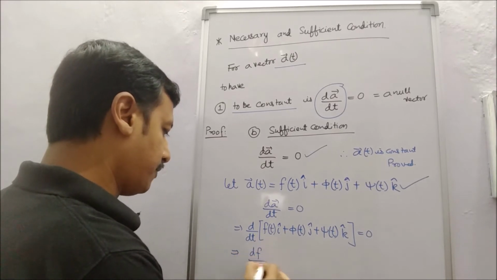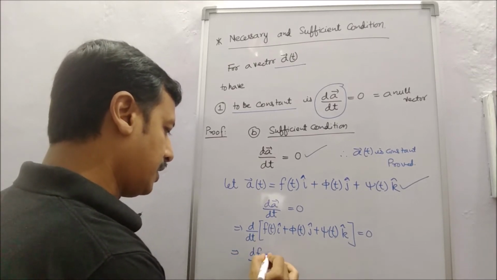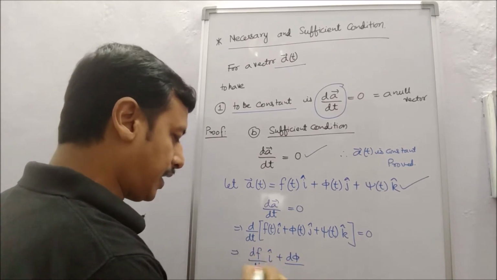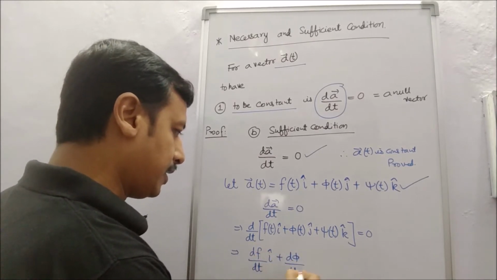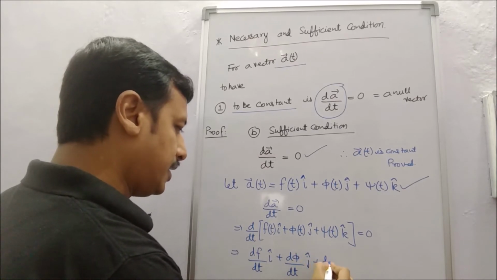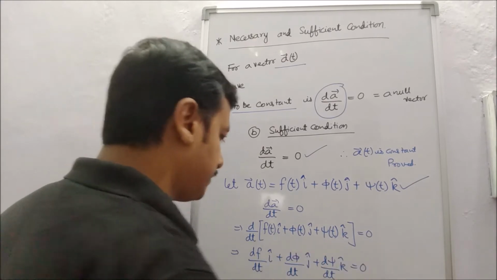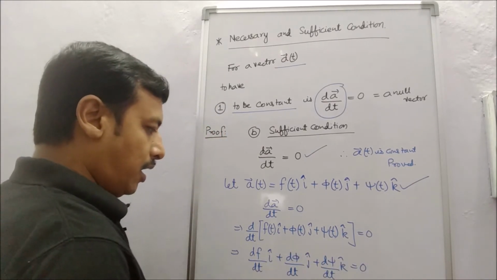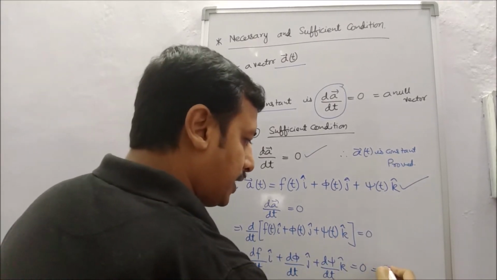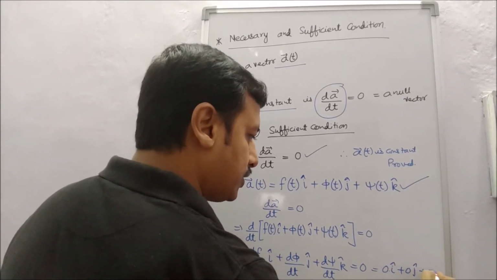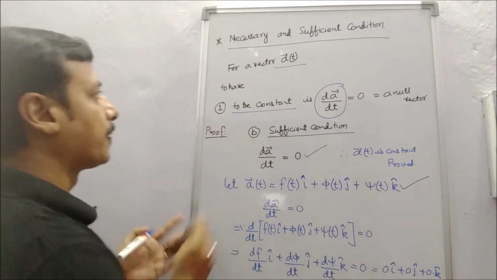So we have df/dt i cap, d phi/dt j cap and d psi/dt k cap is equal to 0. So this 0 can be written as 0 into i, 0 into j, 0 into k.